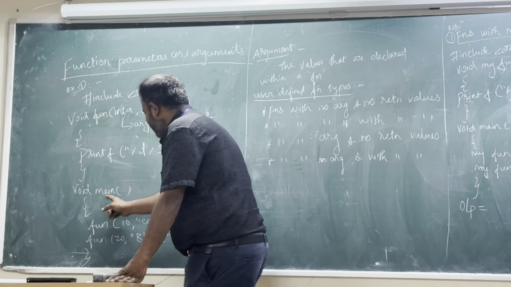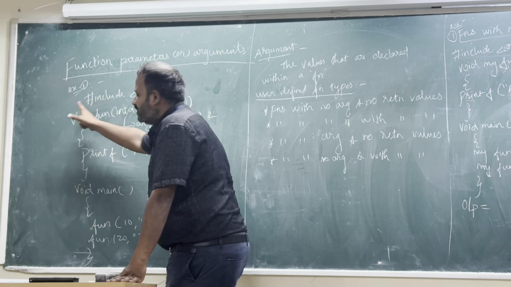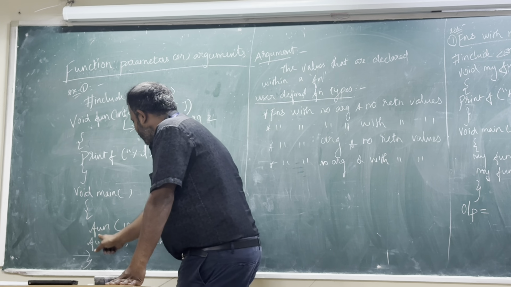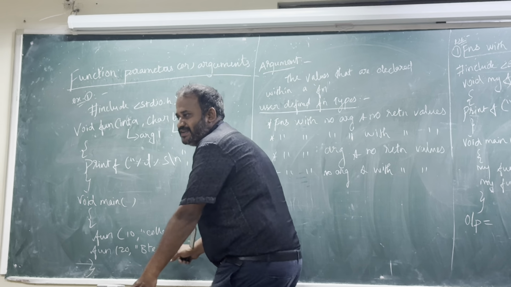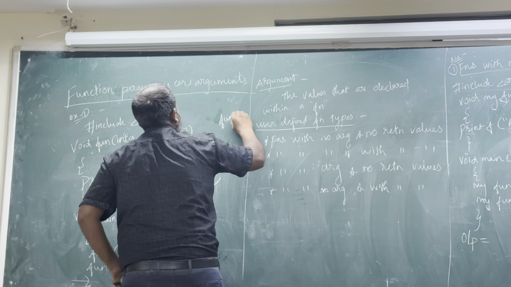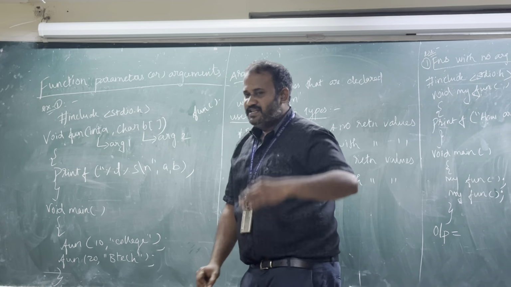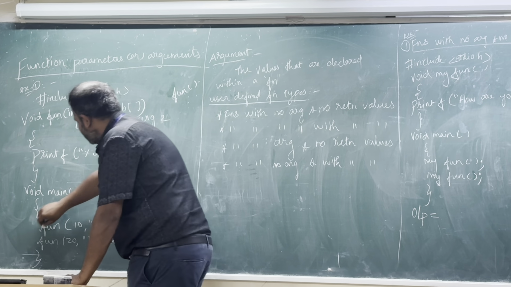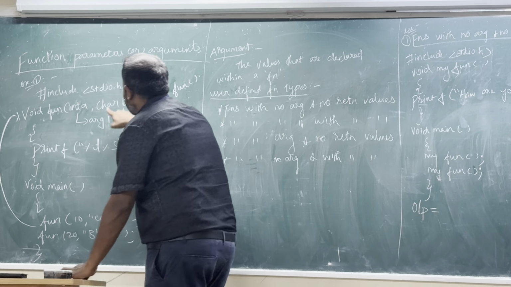So next, how will you define this function? How will you call this function? Last class we have seen. Say for an example, if you want to call the function of this, when you want to call this particular function, you have to use particular arguments.